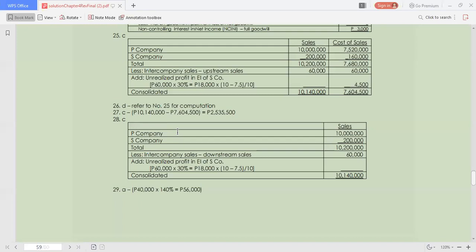The consolidated sales in number 25 is letter C for 10,140,000.